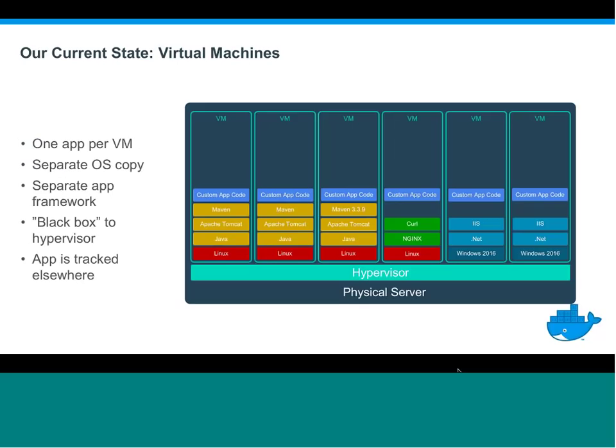Now what the hypervisor does is help share and schedule the physical compute, storage, and networking resources amongst all of these different virtual servers. So that's one of the reasons virtual machines came into popularity, was this ability to consolidate multiple virtual machines onto a single physical server.